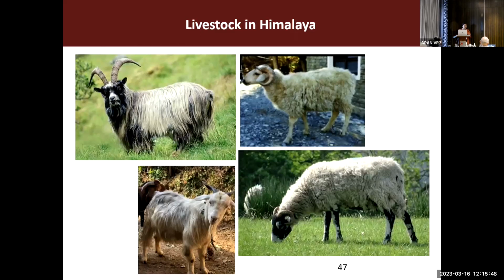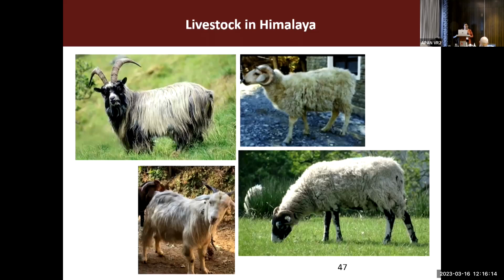That is all lacking. And there is another sheep there in the upper left, called the Bhaglung sheep. It is found together with the yaks, around 3,500 to 4,000 meters above sea level.